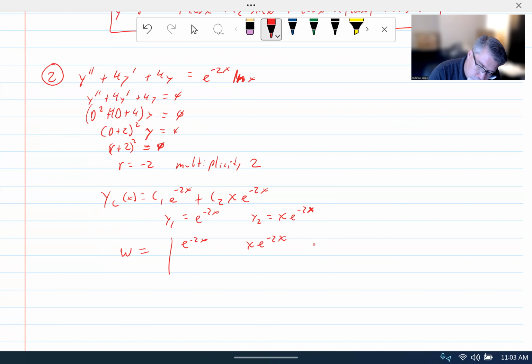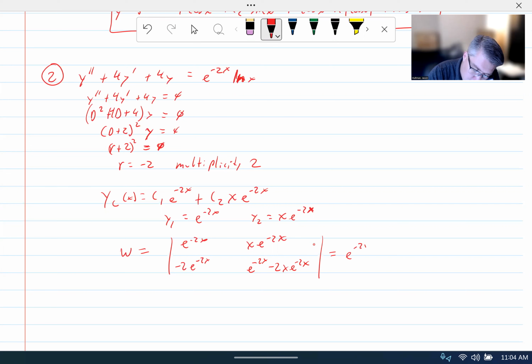The derivative of e to the negative 2x is just negative 2 e to the negative 2x. And the derivative of x e to the negative 2x is going to be the derivative of the first times the second, e to the negative 2x, plus the derivative of the second, negative 2 times the first, e to the negative 2x. Now let's find the determinant of this.